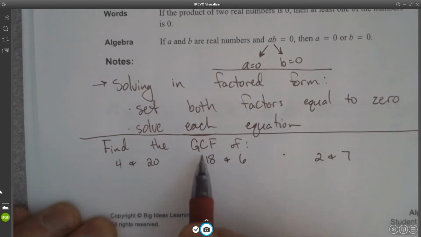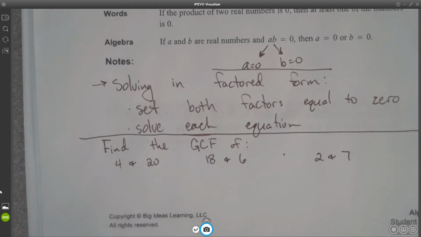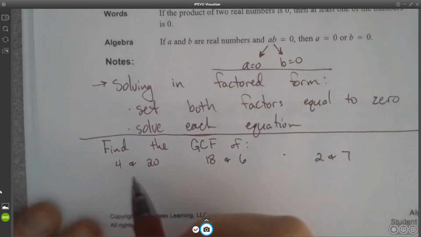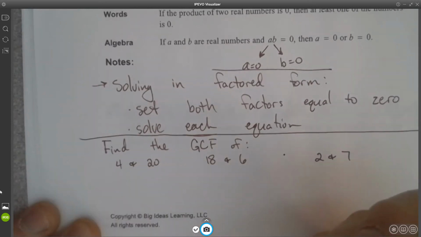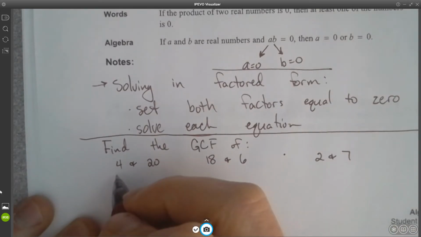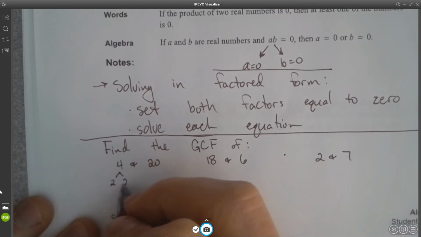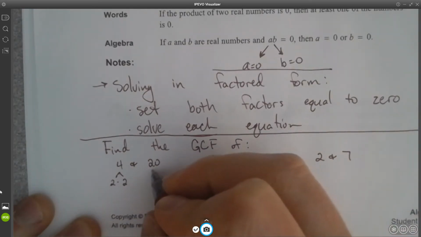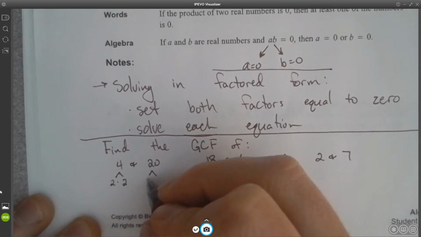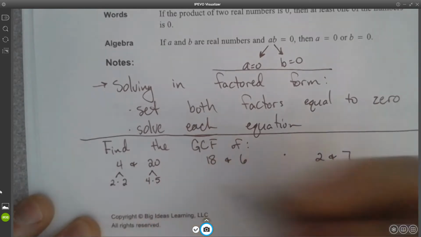So finding the greatest common factor, first thing you want to do is probably just test to see, is that smaller number a factor of the larger number? But another way to check that is to write our two numbers as their own factors. So I'm going to factor tree 4. I know 4 is 2 times 2. I know 20 is, say, 4 times 5.